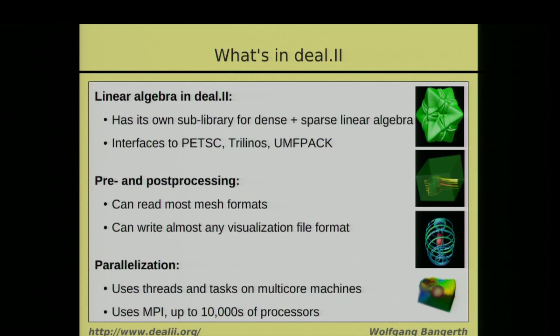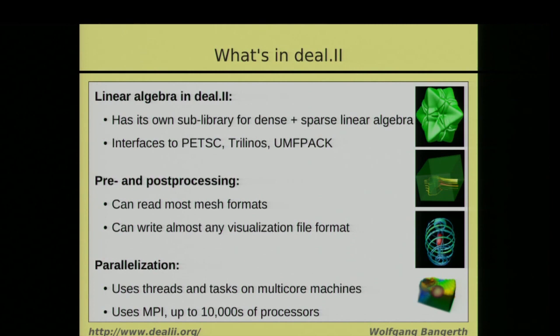Then deal.II, of course, has classes for pre- and post-processing. So it doesn't do mesh generation, but it can read meshes in a good number of standard formats. And in particular, it can output data in almost any visualization format you can think of. So again, we don't do the visualization ourselves, but we can use formats that high-quality visualization software can use. And again, I'm going to show you how to do this.